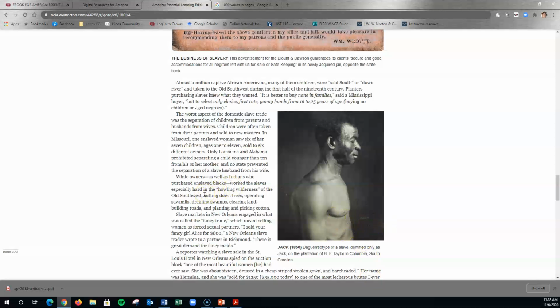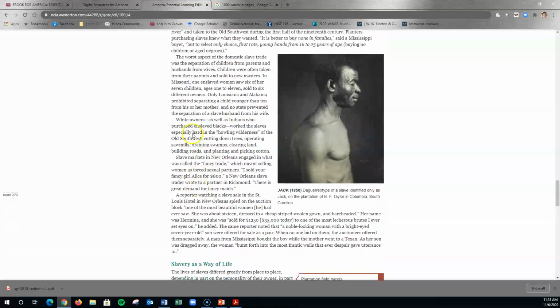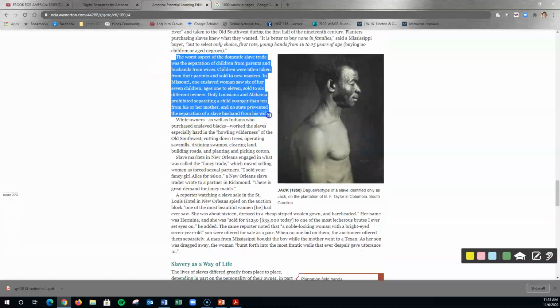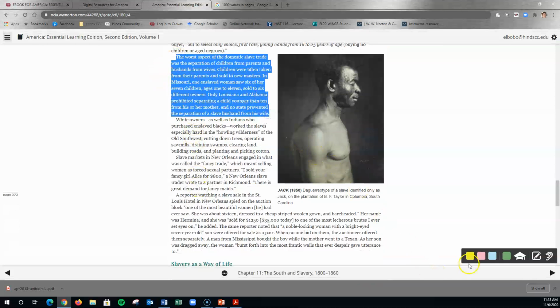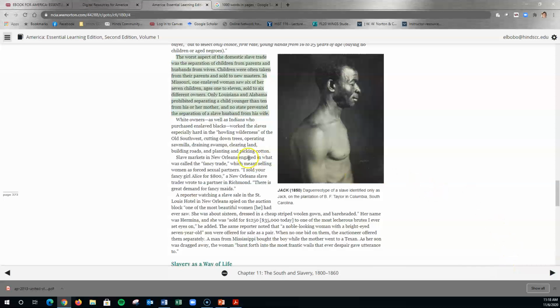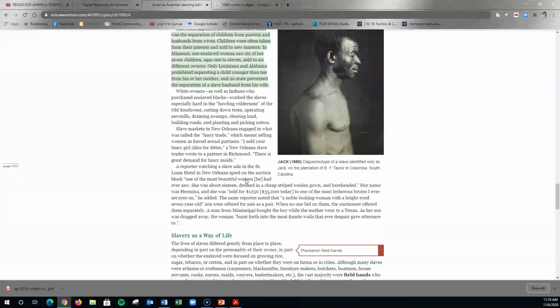The worst thing about the domestic slave trade is this: the separation of families. This happened often. It was brutal, where children would be taken from their parents and sold to new masters. Families would be split up, and we all understand the psychological toll that had to have taken on mothers and fathers who saw their children sold to other families.